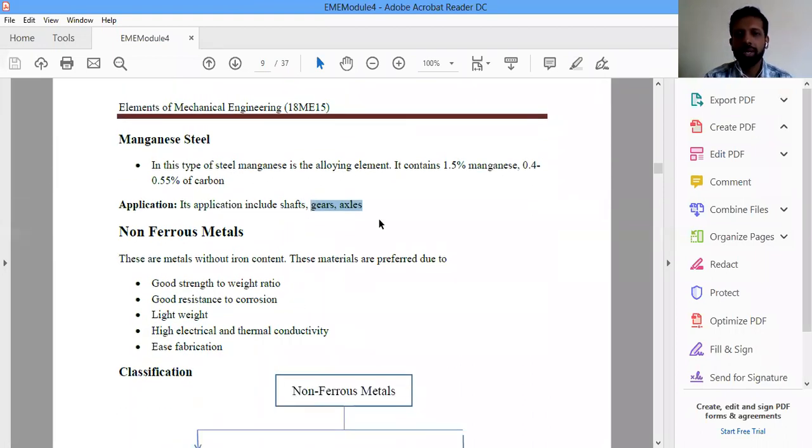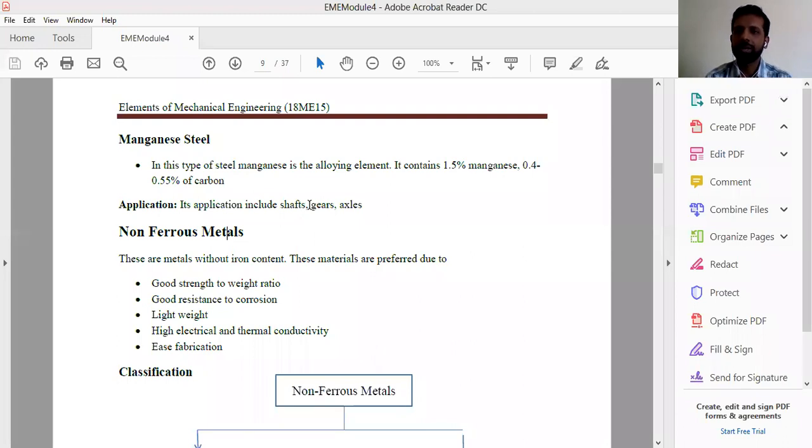Now we have seen most of the classifications of iron and steel. But since iron and steel have high densities, okay, it is not exactly the suitable metal to be used in many applications, because it is heavy in weight and its corrosion resistance is not optimal.